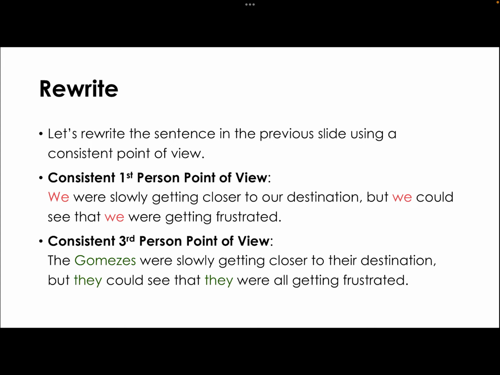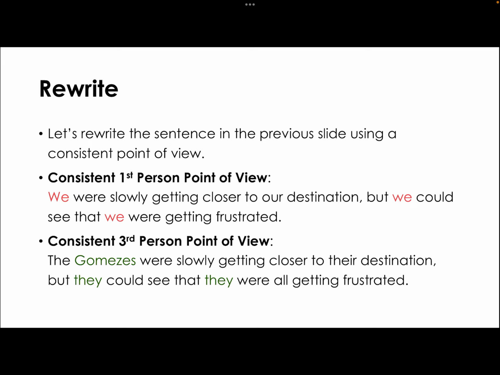But what about choosing the third person point of view? Then we have to decide who is the third person. So here I just chose a random name, but it could be anyone else. The meaning of the pronouns can be determined by the context.